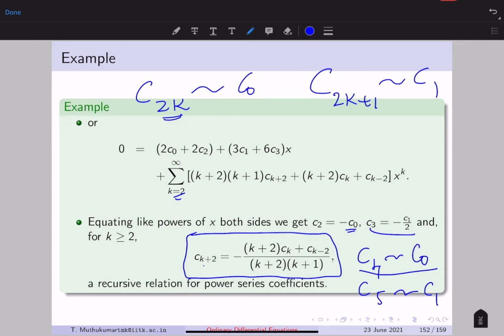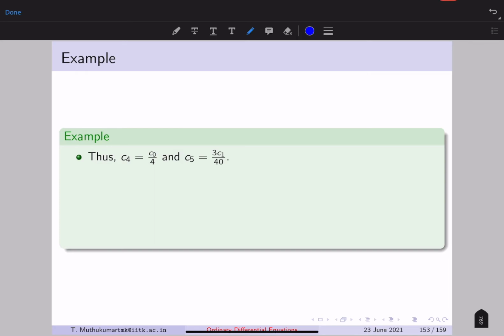So finally everything will reduce down to some functions multiplied by C0 and some functions multiplied by C1, because all constants can be reduced to either C0 or C1.